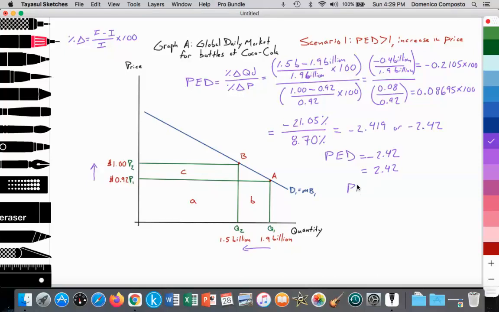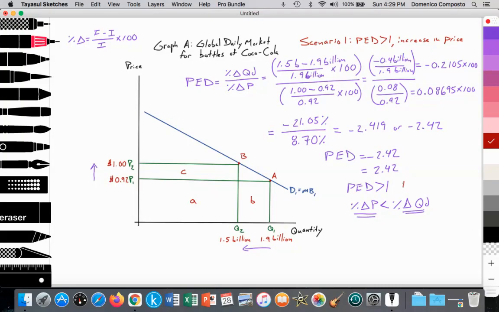So clearly PED is greater than 1, which means that the percent change in quantity demanded is greater than the percent change in the price, which we can see here. We can see that the distance between Q1 and Q2 is greater than the distance between P1 and P2, again highlighting that the percent change in quantity demanded is greater than the percent change in price. That holds true for any demand curve that is elastic.